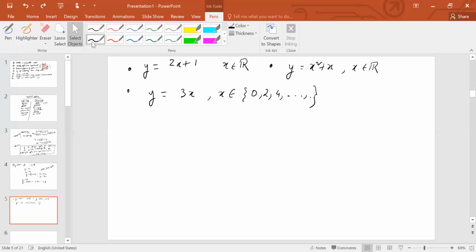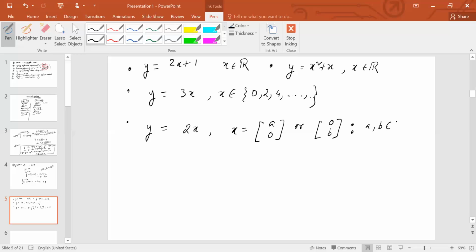Okay, so the next example is y is equal to 2x, where x is equal to (a, 0) or (0, b) such that a, b are real numbers.